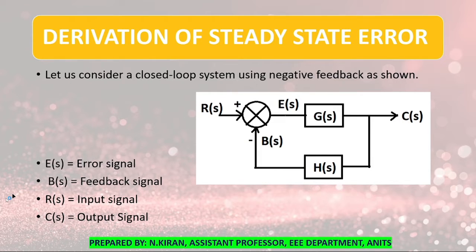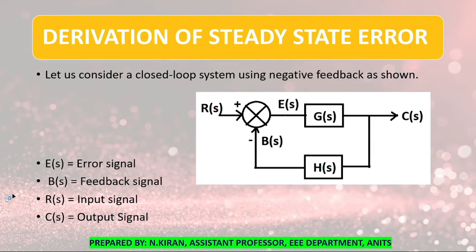Here we can see R(s) is the input signal in Laplace domain, and C(s) is the output signal in Laplace domain, E(s) is the error that is generated in Laplace domain, and B(s) is the feedback signal, and G(s) as well as H(s) are the respective gains in the forward path as well as in the feedback path respectively.